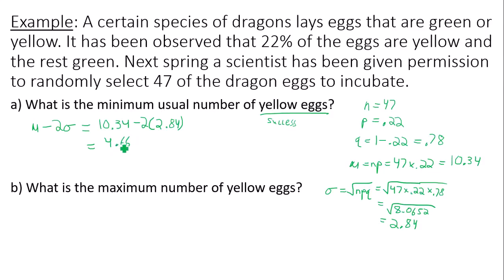And you will always round up your minimum usual value. Always round up. Because if I was to get 4, that would be much lower than the minimum usual value here. So 5 is the minimum usual number.